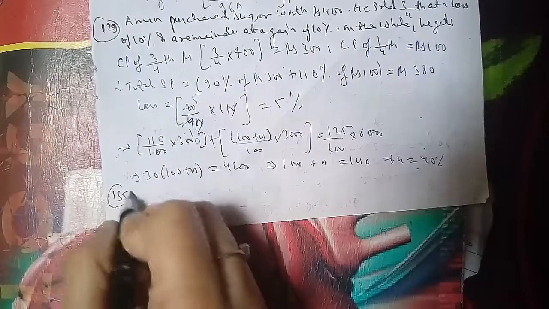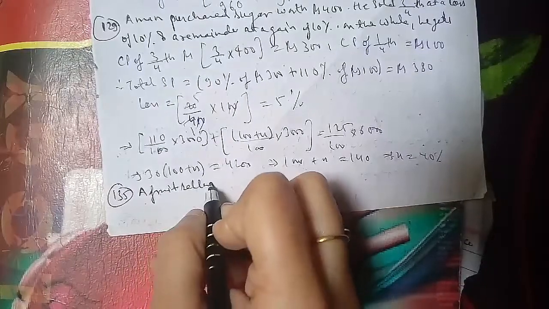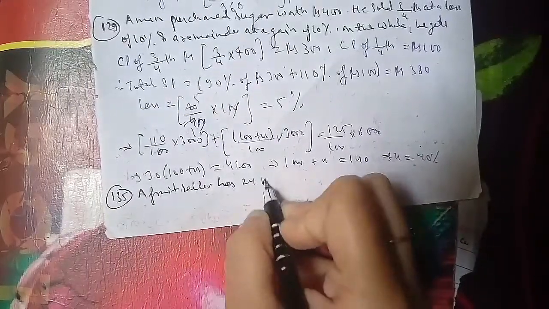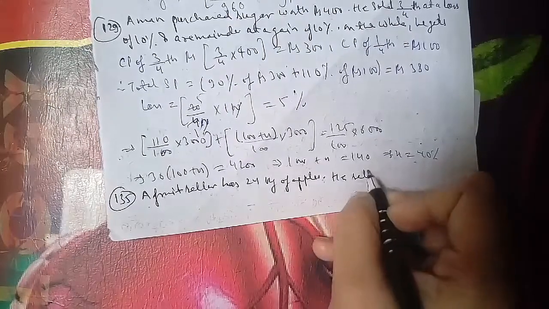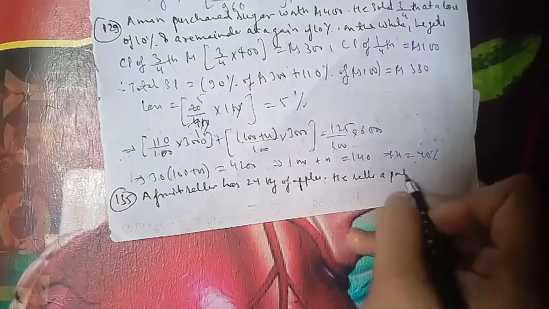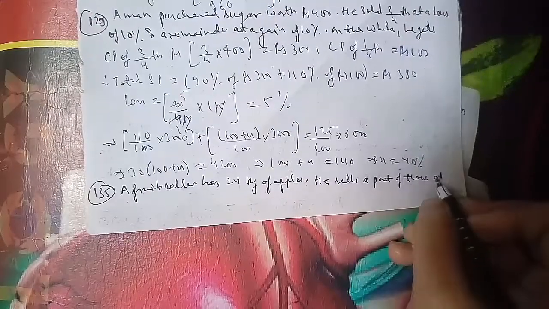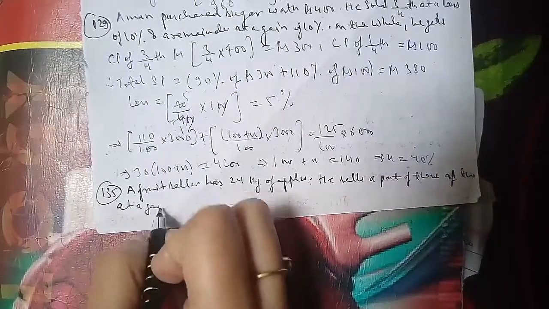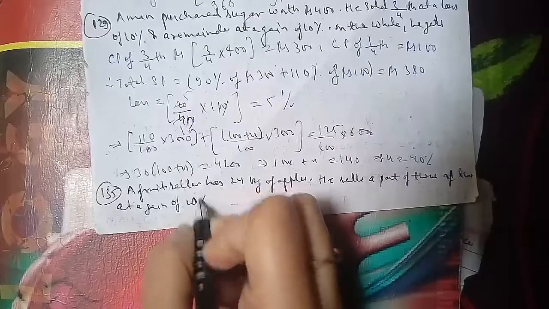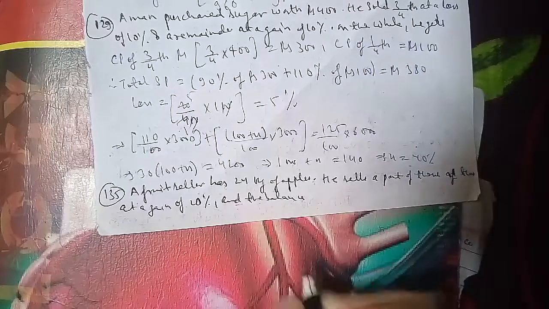A fruit seller has 24 kg of apples. He sells a part of these at a gain of 20% and the balance at a loss of 5%.